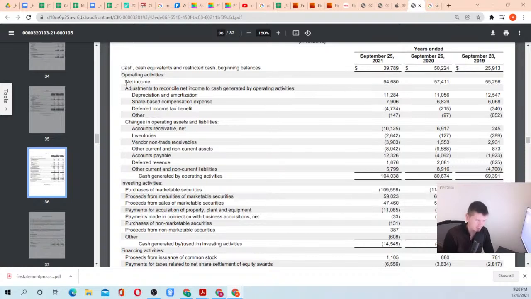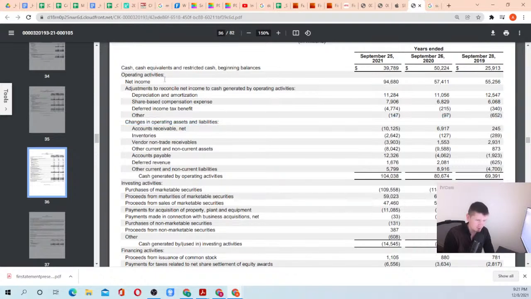The indirect approach is the one which starts with net income, and then you adjust net income by non-cash items, adjustments to reconcile net income to cash generated by operating activities, and then you have changes in operating assets and liabilities.